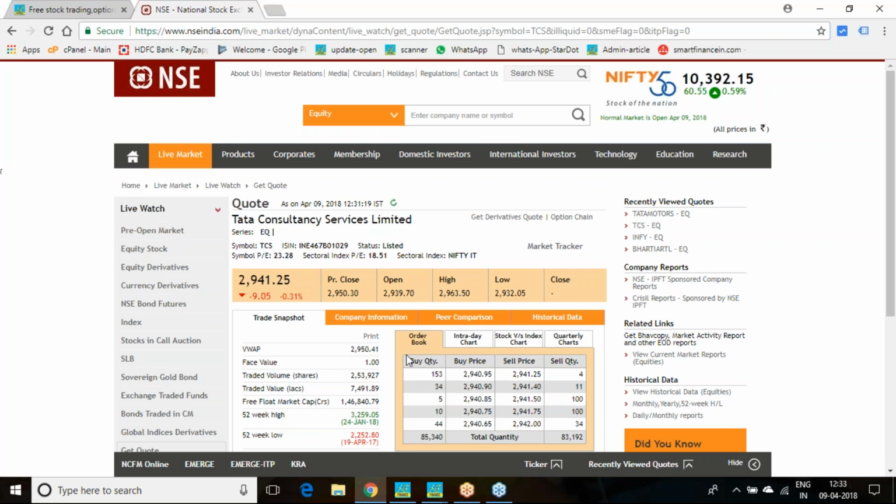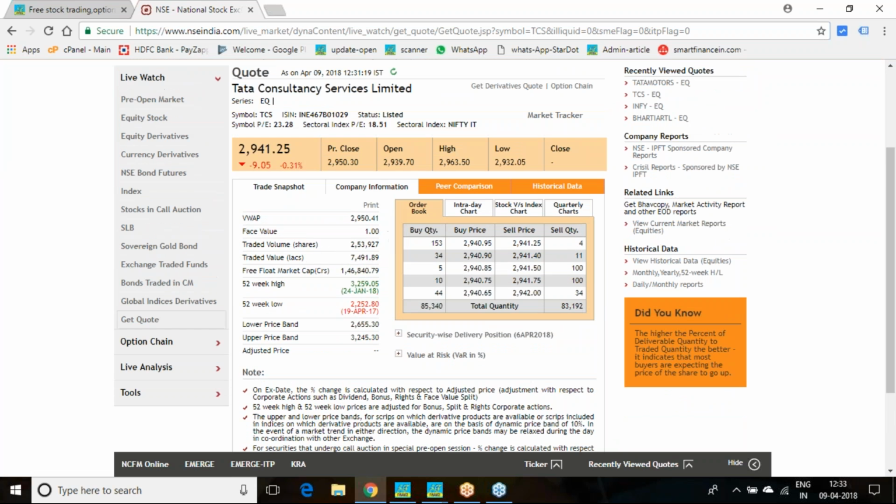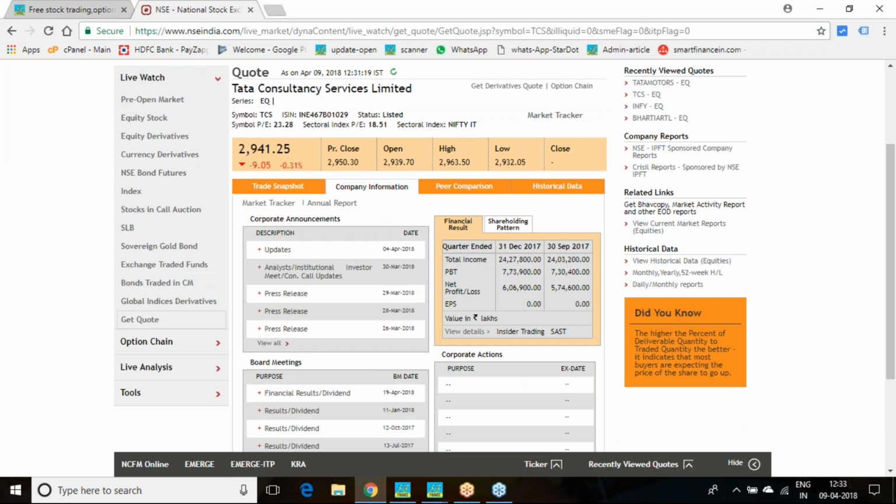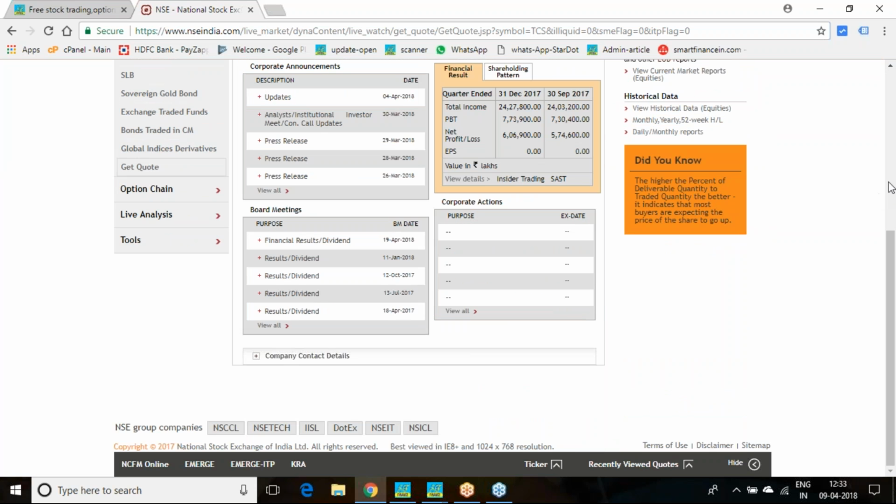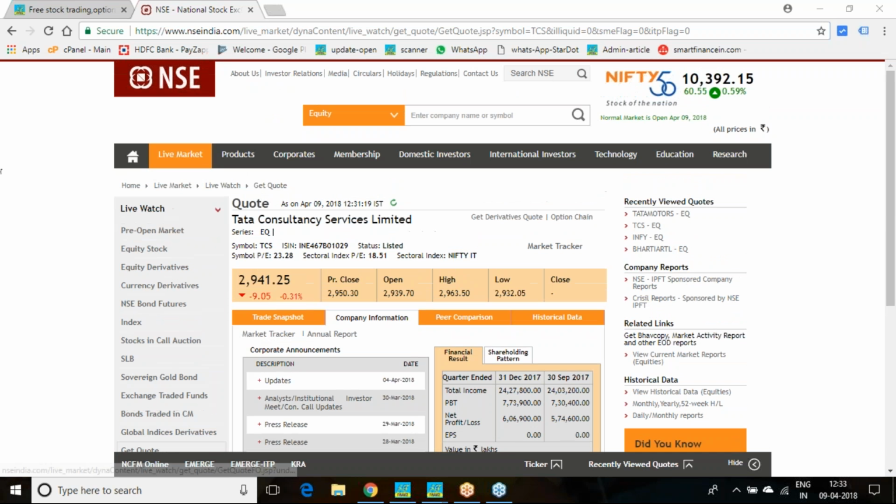So why are we going to form a strategy? Because on 19th of April they are going to release the result. Today is the 9th, so we have 10 more days. Post result we are expecting some amount of move, and its financials have given good growth, and this time also we may expect some good growth, but we cannot say what will be the outcome.